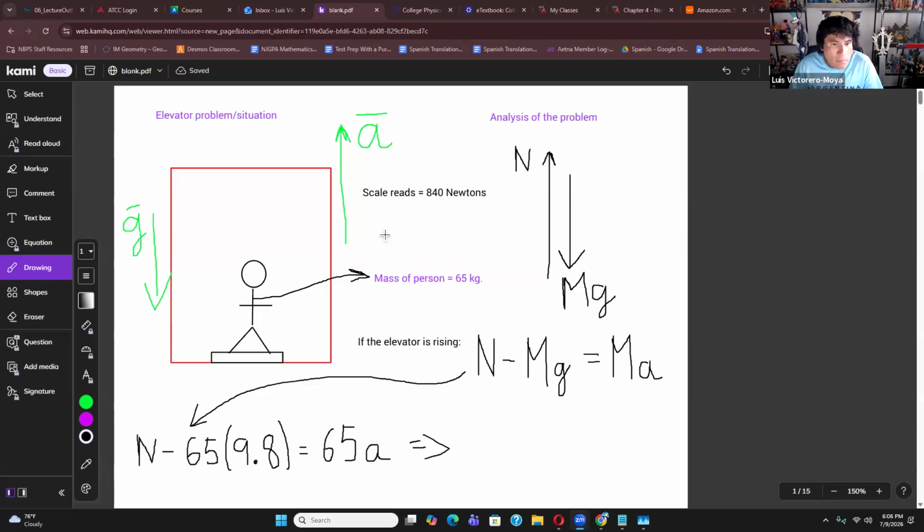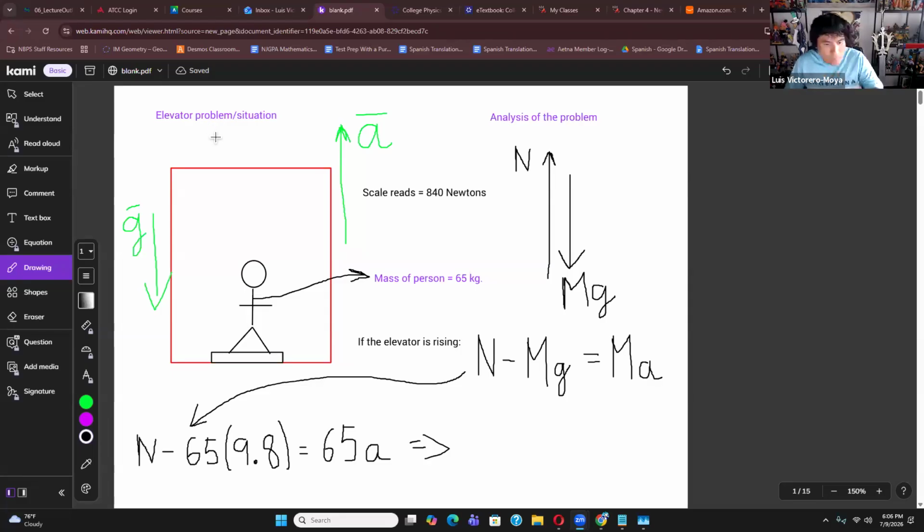But before we do that, I want to go over a few situations that are in the textbook. And one of them will be in the web assigned. One of them is the elevator situation or problem.